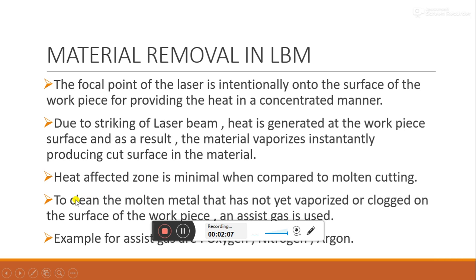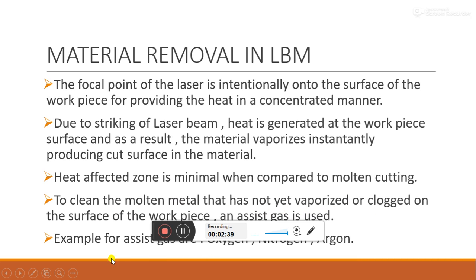Now, to clean the molten metal that has not yet vaporized or is clogged on the surface of the workpiece, an assist gas is used. When the material is melted, if it is completely vaporized, there won't be anything left. But if it is only melted, then you have to remove the molten metal, which is attached to the surface of the workpiece, so you need an assist gas.